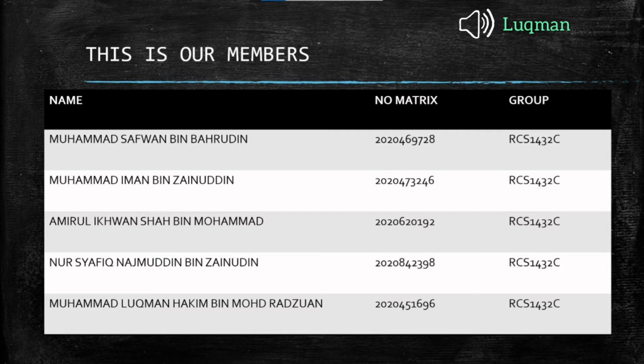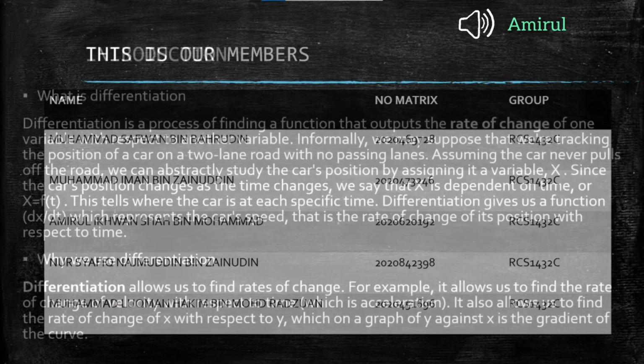Then Nur Syafiq Najmuddin bin Zainuddin 2020842398. Lastly, Muhammad Luqman Hakim bin Muhammad Azwan 2020451696. And all of us from RCS 1432C group.